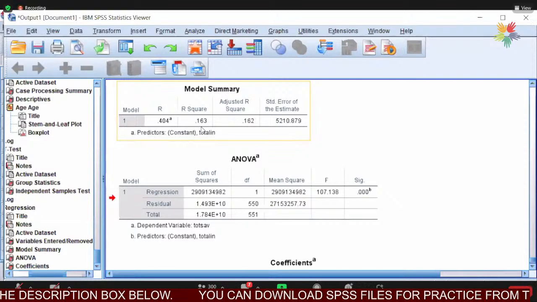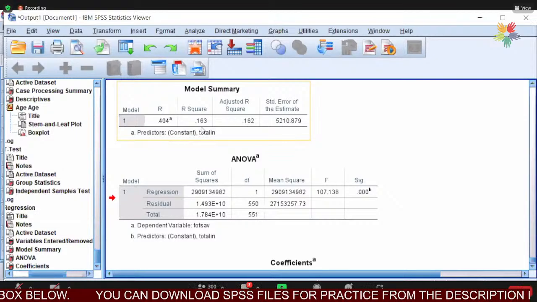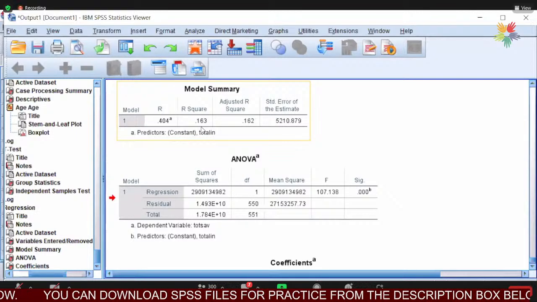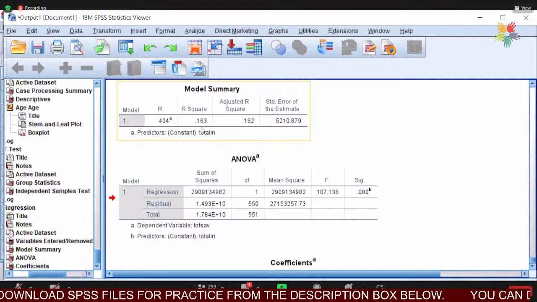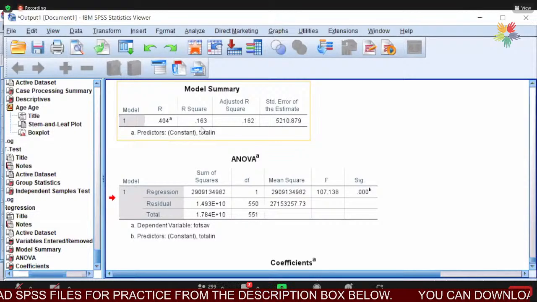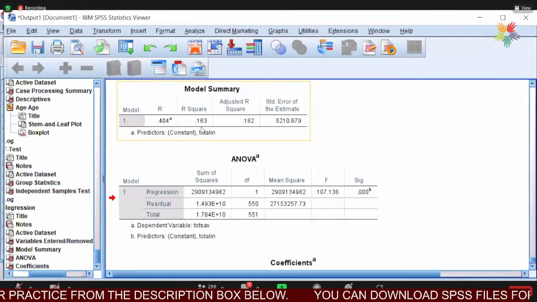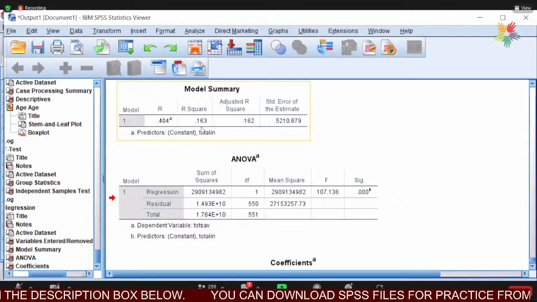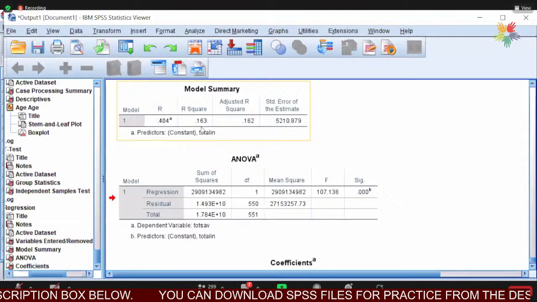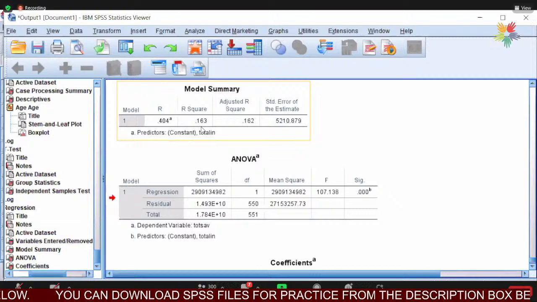Adjusted R square, I will explain tomorrow with the formula. Here we have only one independent variable, so we need not worry much. We adjust the degrees of freedom because of changes in the number of independent variables. After adjusting, what is R square is called adjusted R square.